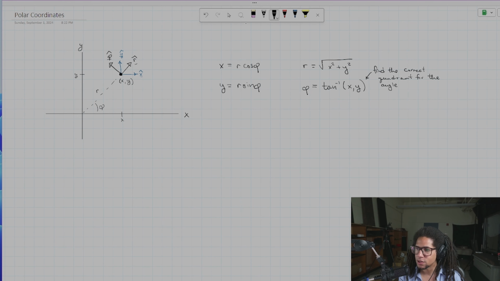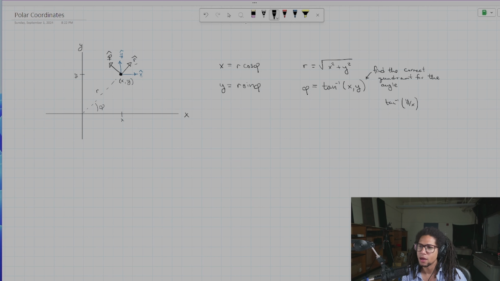And what I mean here is that if I just write tan inverse of y over x, well, y over x up here in quadrant 1 is the same as the y over x for this point, which is in quadrant 3, exactly 180 degrees around from our original point. And arctan, or I should say tan inverse x comma y, finds the correct quadrant for us.